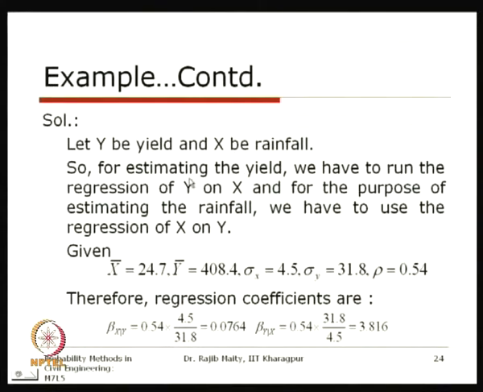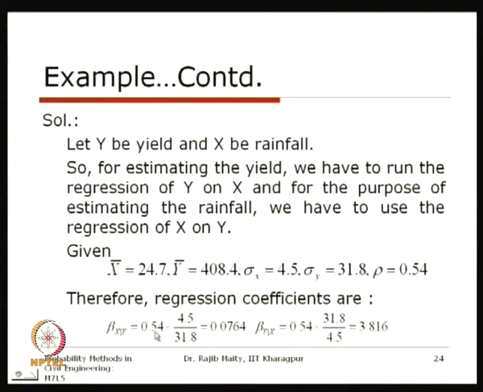For estimating the yield we have to run the regression of y on x, and for estimating the rainfall we have to use the regression of x on y. The information that we know is the mean of x, mean of y, standard deviation of x, standard deviation of y, and the correlation coefficient between them.